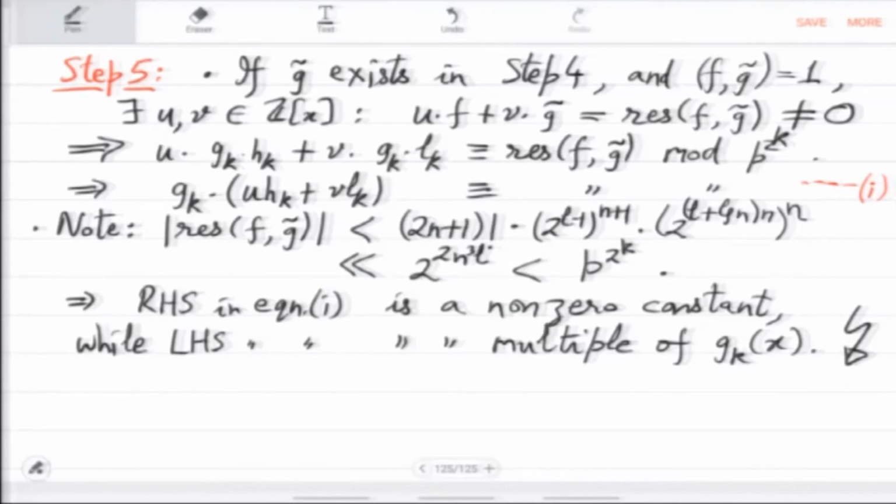It cannot be the 0 multiple because RHS is non-zero. So that is the contradiction between LHS and RHS.